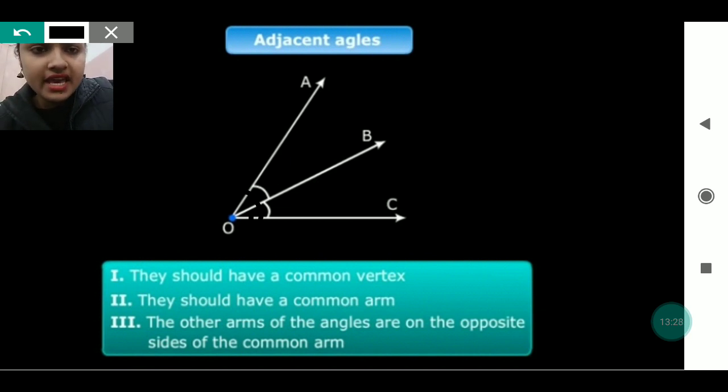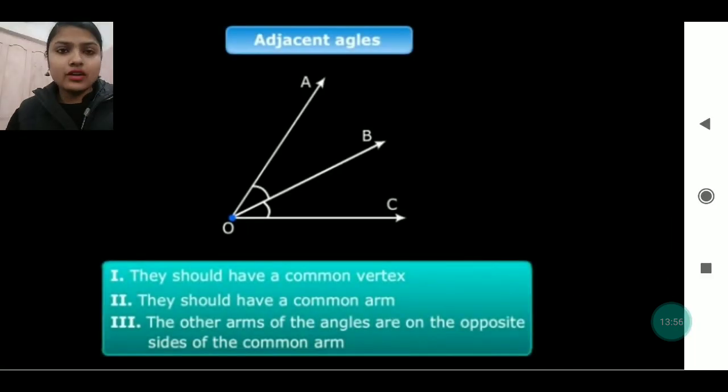You can see A, C, B, all are meeting at the same point, and they have a common arm. The other arms of the angles are on opposite sides of the common arm. Only then is it called an adjacent angle.